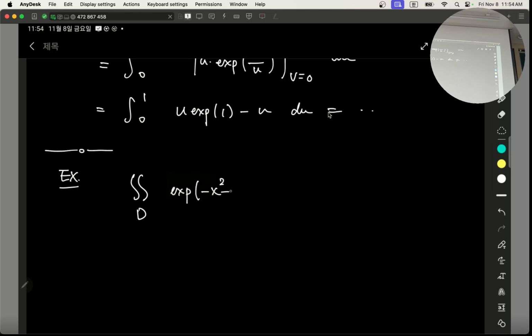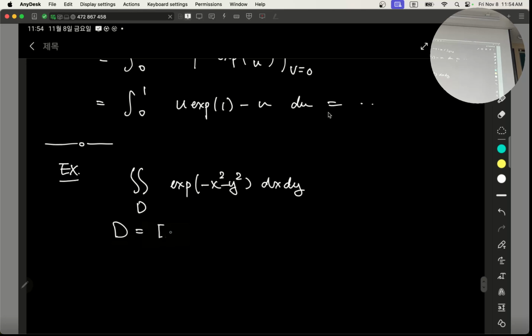Exponential of minus x squared minus y squared, dx dy, where D is the region whose center is the origin and the radius is 1, a circular region here. So I want to find out this integral.